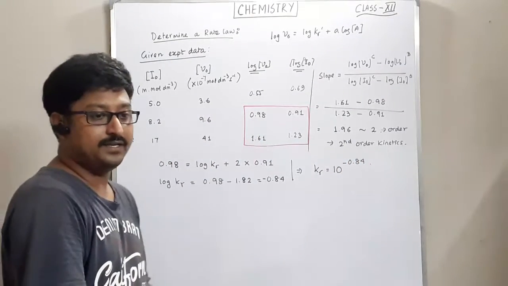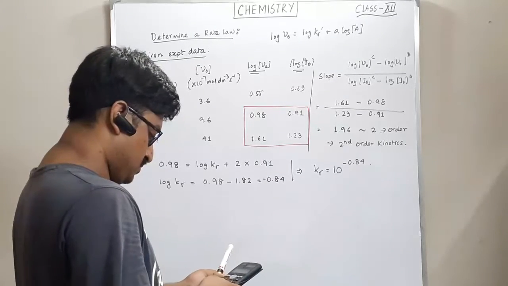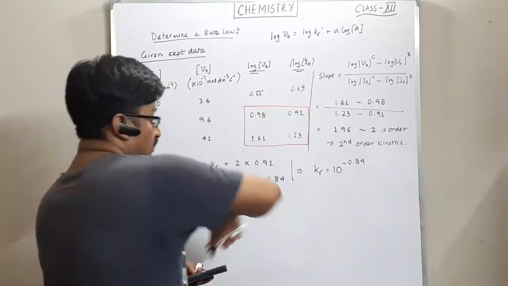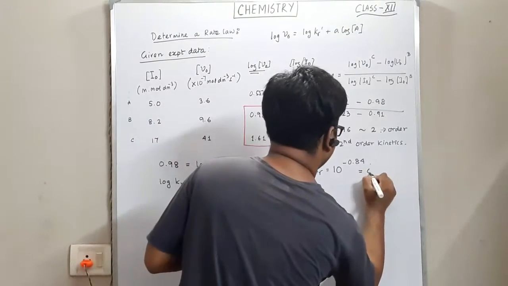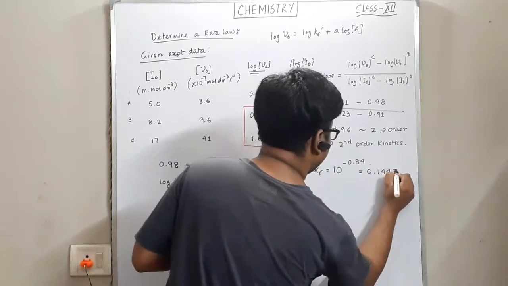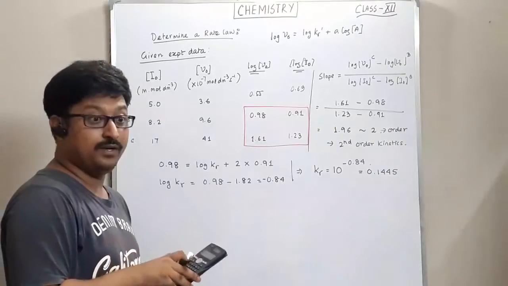10 to the power minus 0.84, and that gives you 0.1445. And what is the unit?